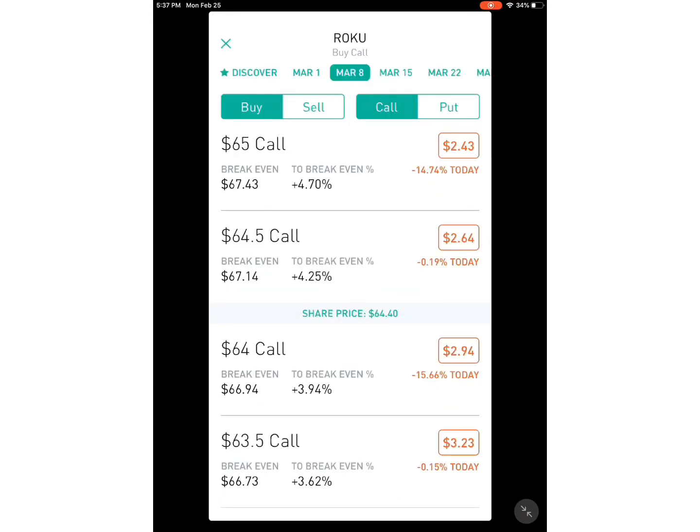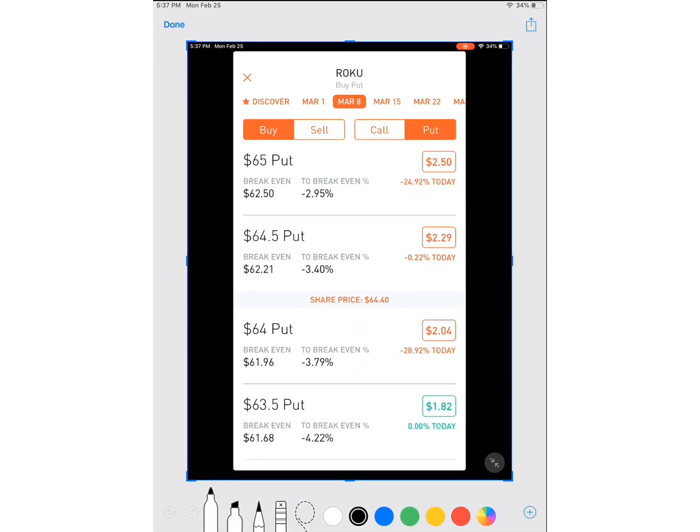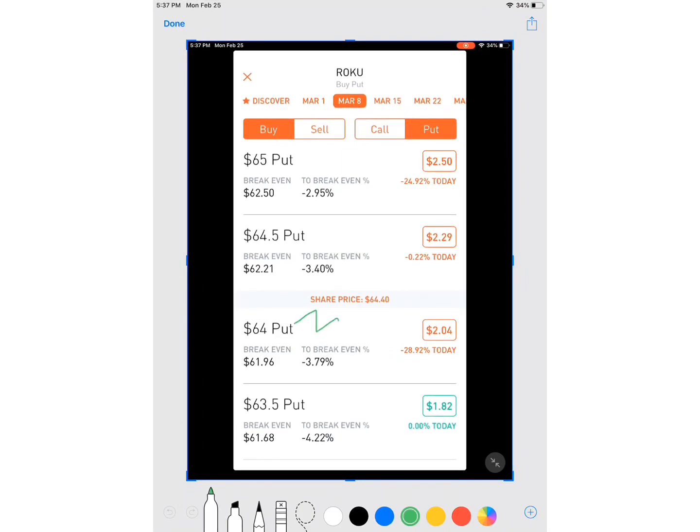So let's just say I want to do a put on Roku. Bam. Now, let's just say I'm bearish on Roku, so I believe Roku will go down, right? When I'm doing a call, I do 1 or 2 spaces above.